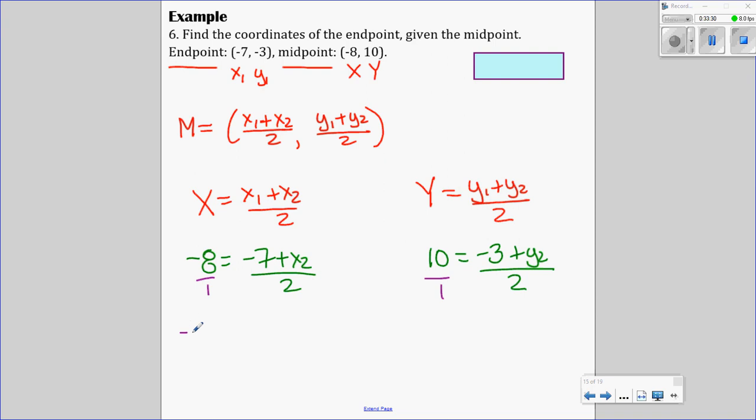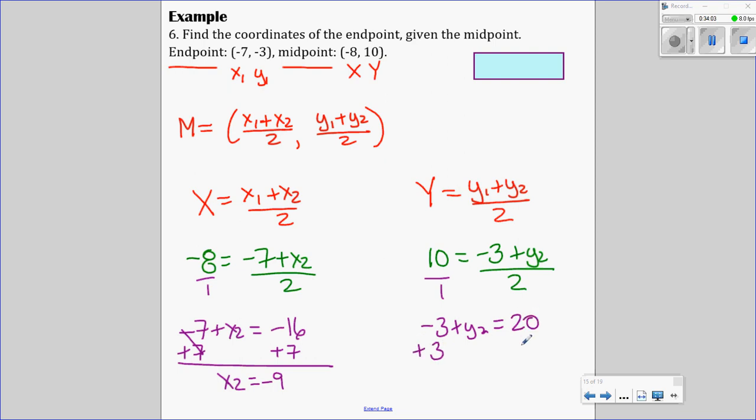Cross multiply. Negative 8 times 2, negative 16. Add 7 on both sides. And x2 is going to equal negative 9. Make that an x. Negative 9. Cross multiply. Negative 3 plus y2 equals 10 times 2, 20.